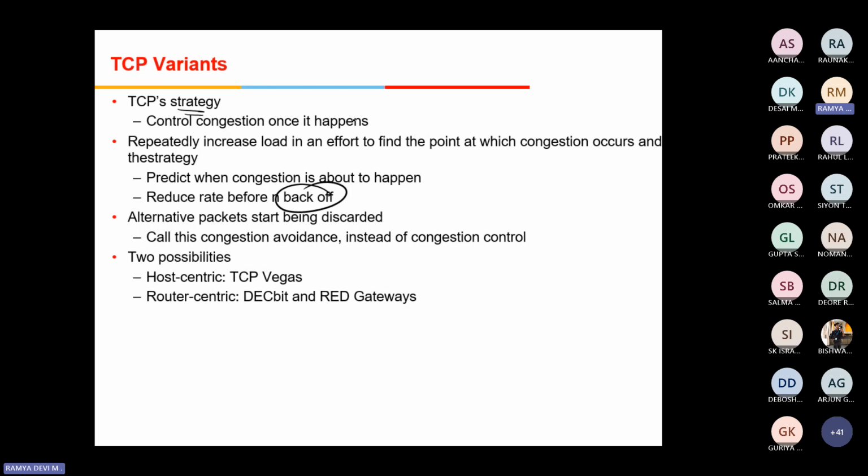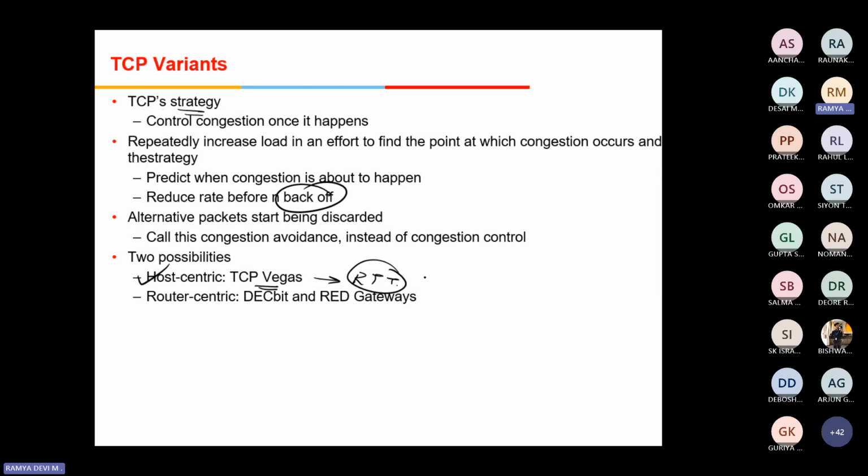There are two main approaches for congestion avoidance. The first one is the host-centric approach, which is used by TCP Vegas. TCP Vegas predicts congestion by monitoring RTT, round trip time.